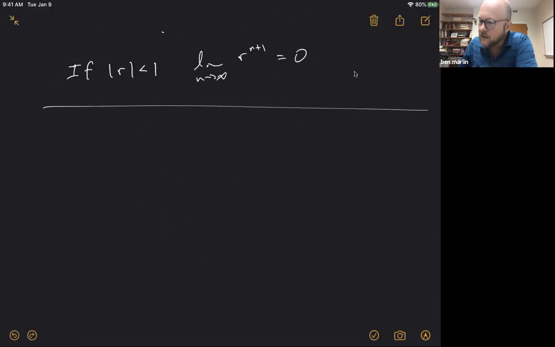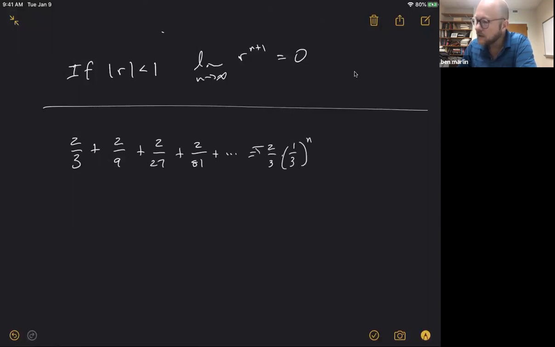If I had here maybe 2/3 plus, let's say with this we want to have just 2/9 and 2/27 and 2/81 and so forth like that, then we should be able to see that that is really 2/3 times 1/3 to the n that we need to add up here.